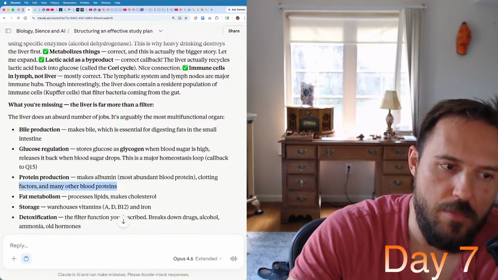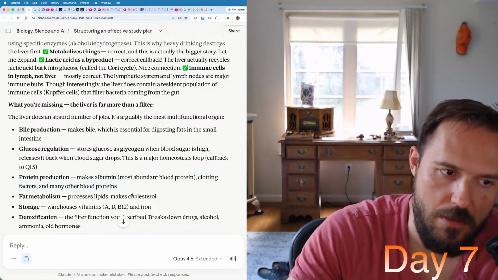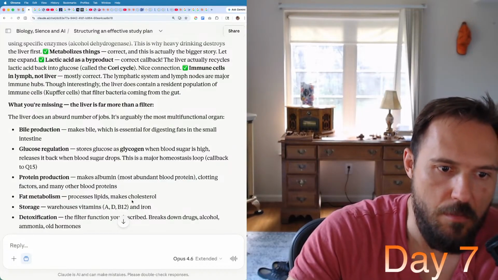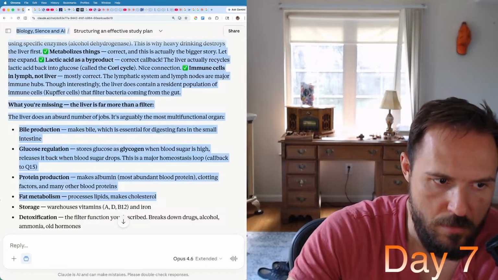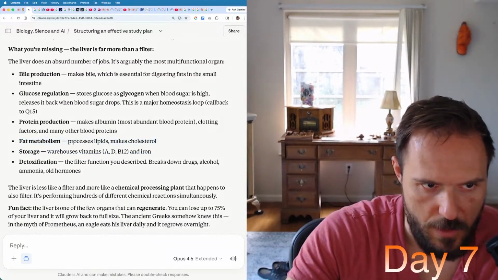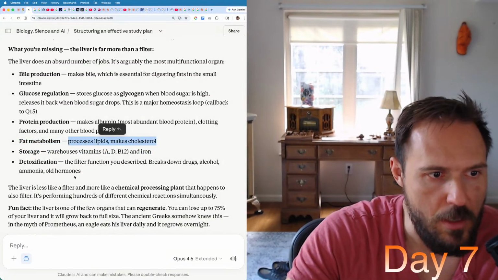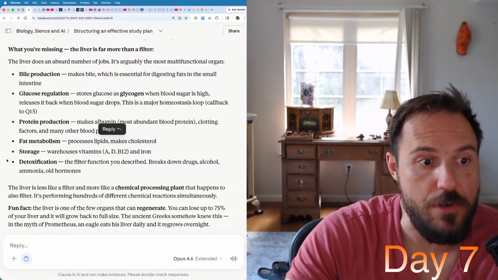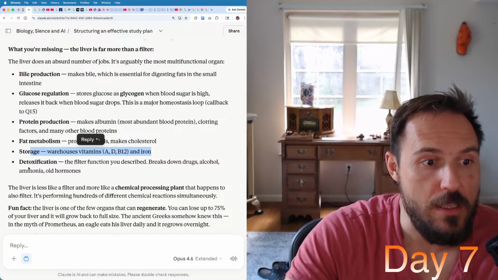So it does make some proteins for the blood. Interesting. Fat metabolism: it processes lipids, makes cholesterol. I need to watch a couple of videos about it. Storage: a warehouse for vitamins A, D, B12, and iron. Had no idea.